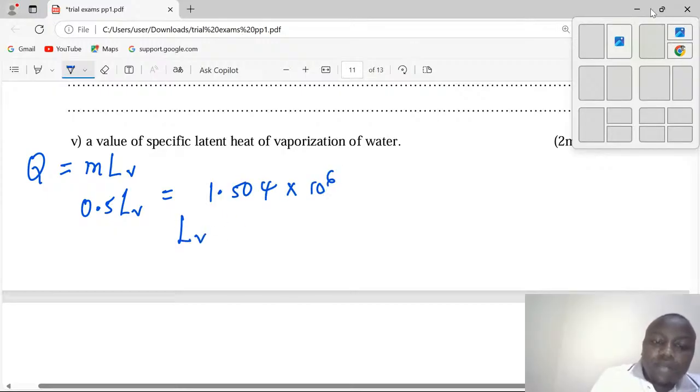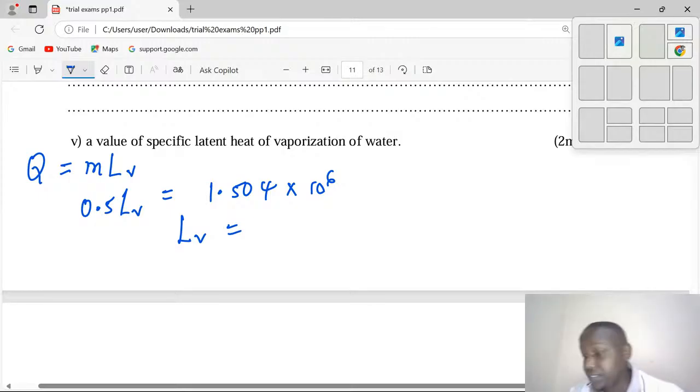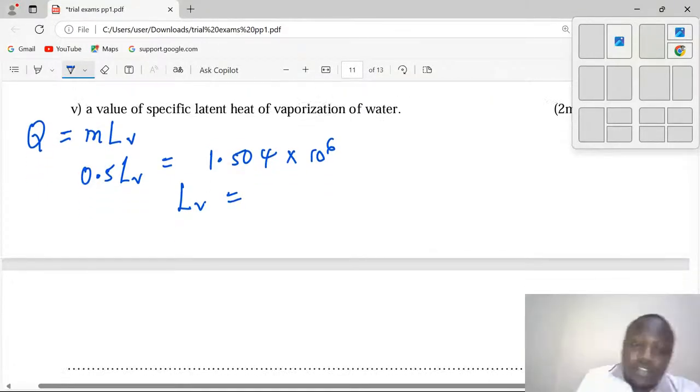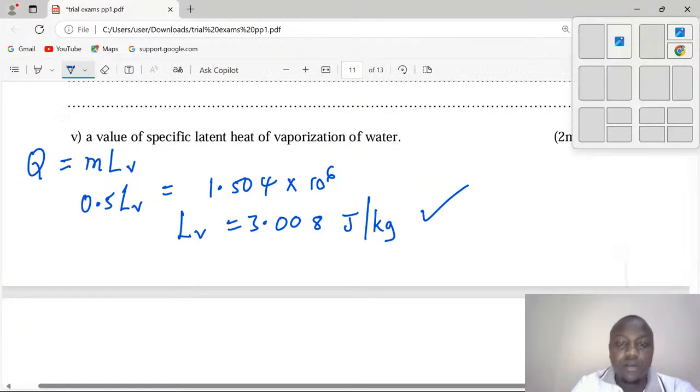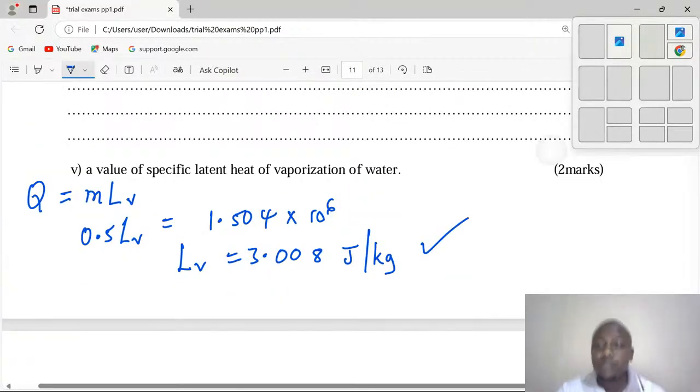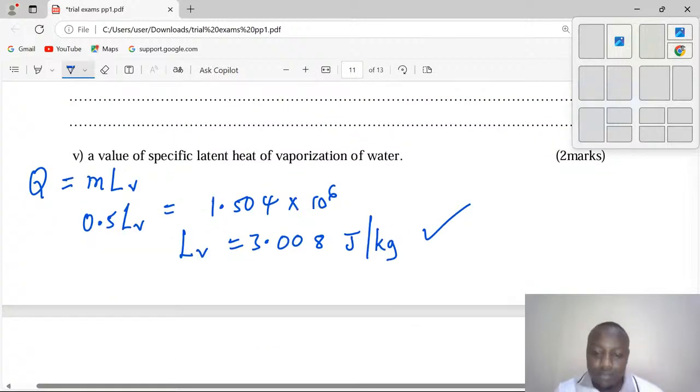And latent heat of vaporization of water is 3.00 joules per kilogram.